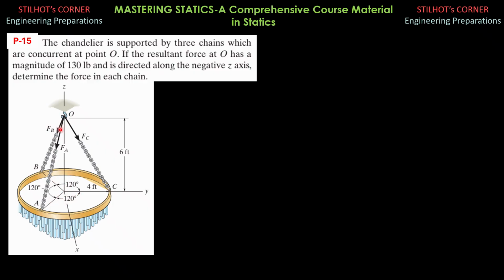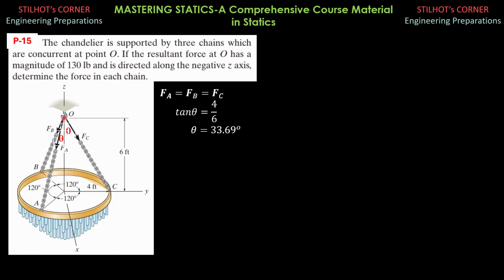That's why they are equally stressed, or the tension of each is the same. So from the figure, Fa equals Fb equals Fc. I'll just call that F. Then tangent of theta is 4 over 6. So theta equals 33.69 degrees.